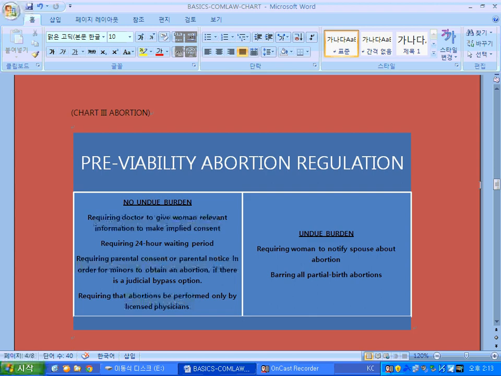Then the court has to answer if a state may constitutionally make it a crime to procure an abortion except to save the mother's life.